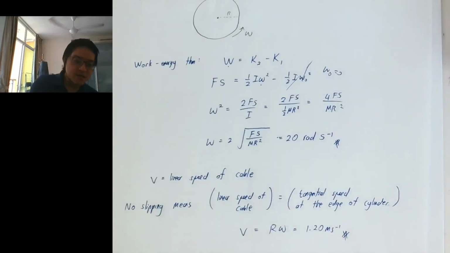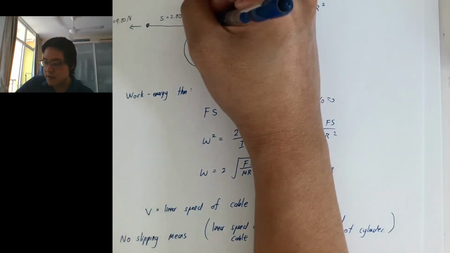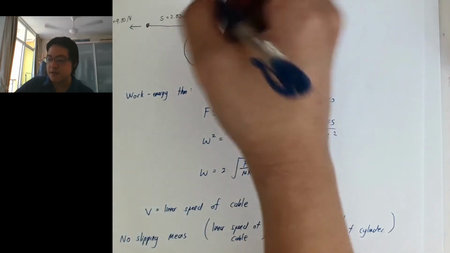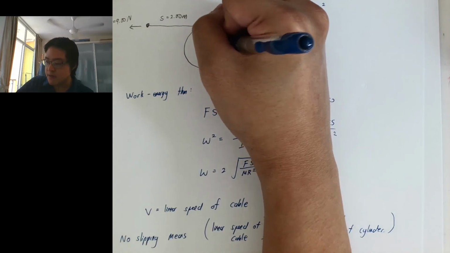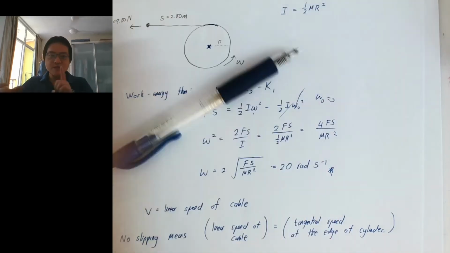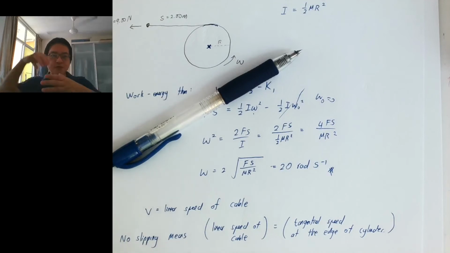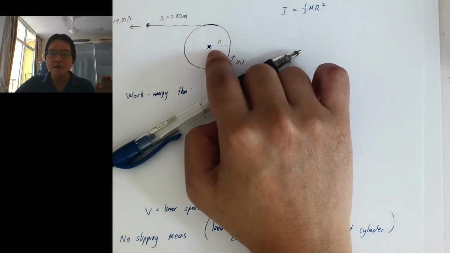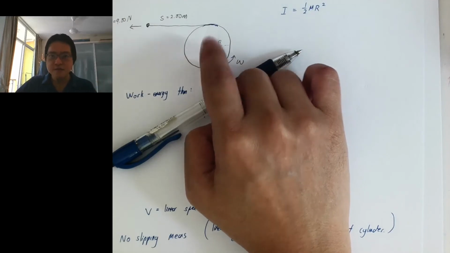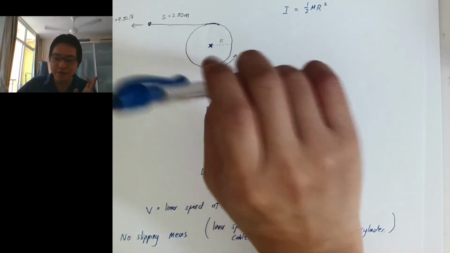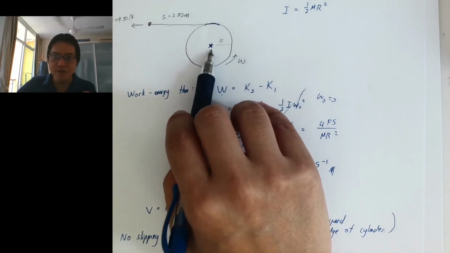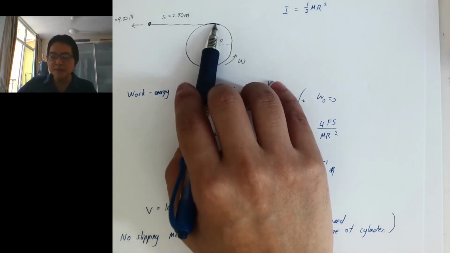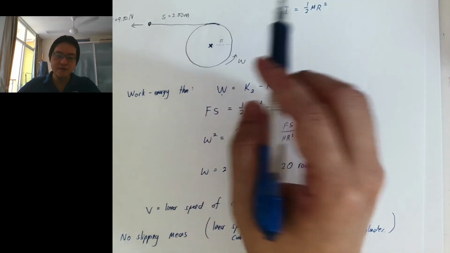Actually, we are confusing a couple of things. There are two places that might have friction. Yes, the reason it doesn't slip is friction: the cable has friction with the surface. But the axis, the joints, the thing that the cylinder rolls around, if you oil it and it's smooth, then there's no friction. Here we assume no friction at the axis, it's just spinning smoothly, but there's friction between the cable and the surface of the cylinder.